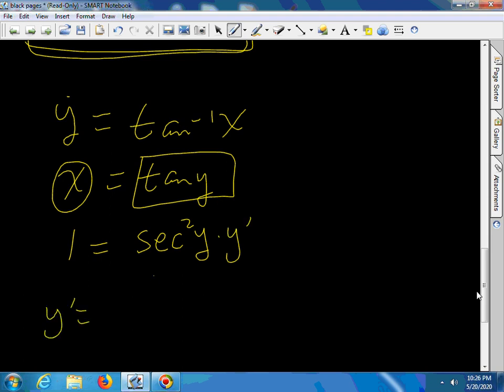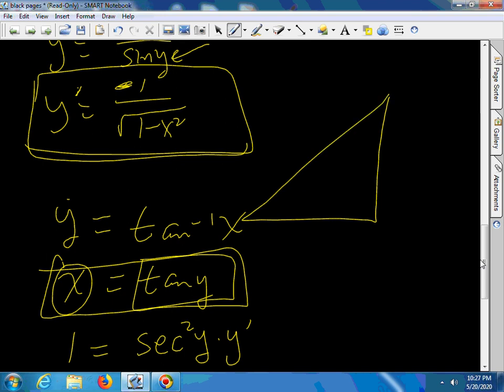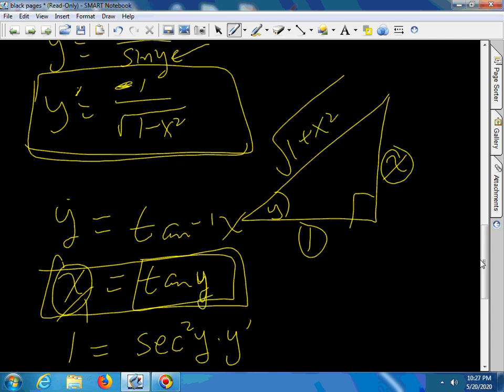So y prime is 1 over secant squared y. And secant squared in the bottom is the same as cosine squared y in the top. So we go to this equation. It's giving us trigonometric information about the angle y. Here is y. The tangent of y is x over 1. So it's opposite over adjacent. That means the hypotenuse must be the square root of 1 squared, which is 1, plus x squared.